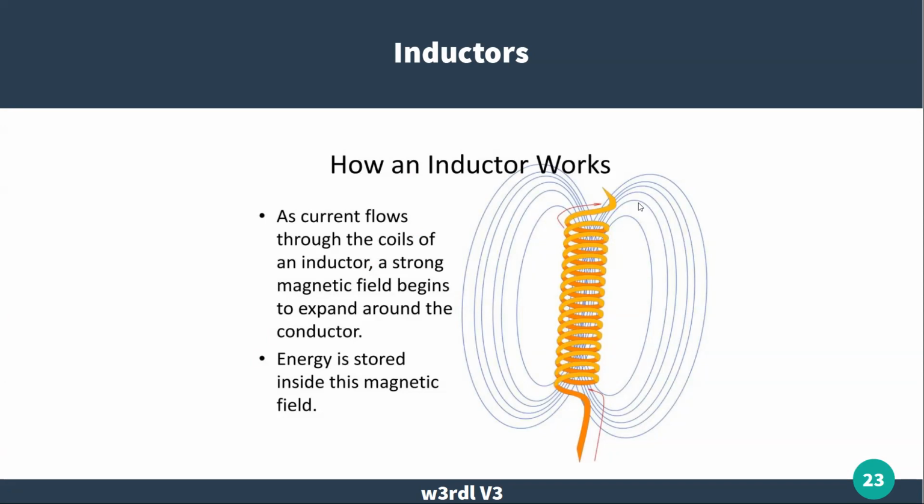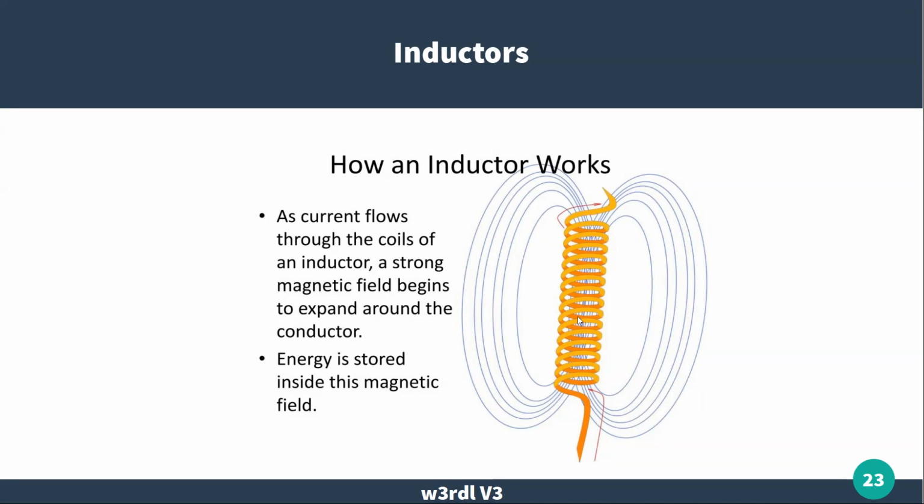And here you can see the magnetic lines of force all concentrating in the center. So you get a much higher magnetic force there, and that's what increases the inductance when you wind it into a coil.